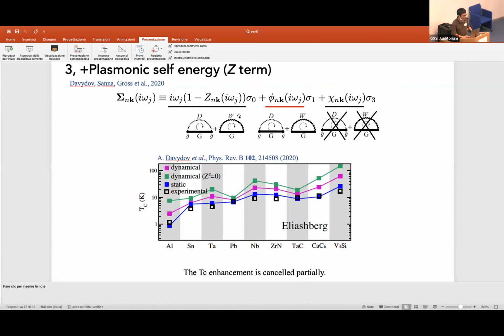They consider the plasmonic dependence of the Z term of the self-energy, and show that this self-energy effect reduces the superconducting transition temperature calculated from the Eliashberg equation, from green points to purple points, for various typical phonon-mediated superconductors. So this result suggests that the plasmonic effect on the normal state self-energy may somehow cancel the plasmonic enhancement.